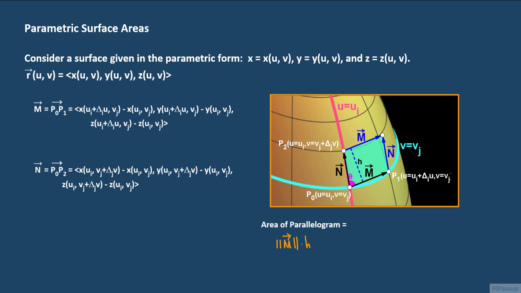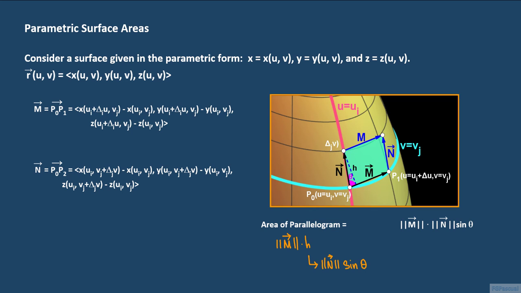If theta is equal to the angle formed by the vector m and vector n, then we can take h to be the length of the opposite side in the right triangle where the vector n is the hypotenuse. h is then the length of the vector n multiplied by sine theta. And so the area of the parallelogram is equal to the length of the vector m multiplied by the length of the vector n multiplied by sine theta.